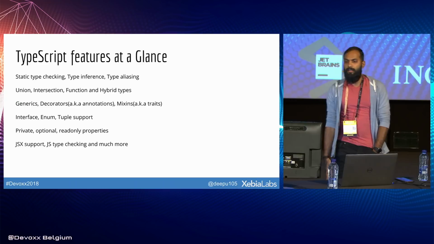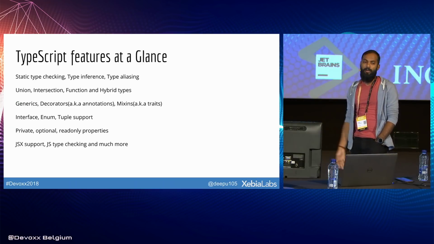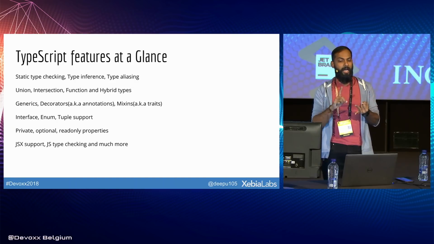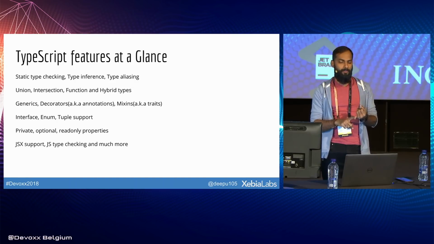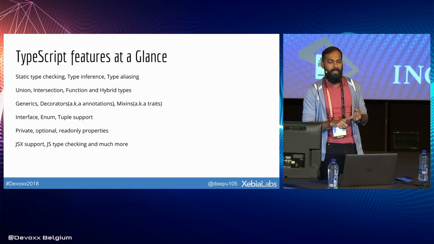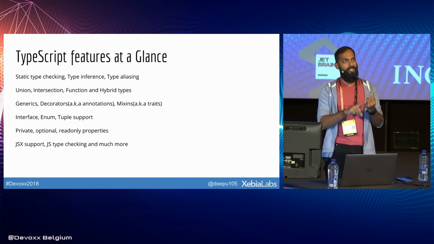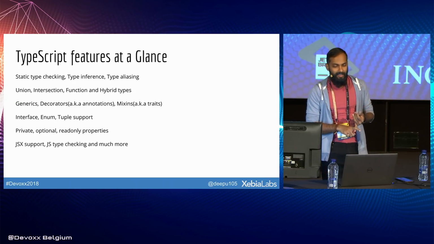So at a glance, these are what TypeScript offers. Of course, static type checking, type inference, type aliasing, all those things. You have complex types: union types, intersection types, function types, hybrid types, and a lot more. We'll see about those. You have generics, which is very good. If you're coming from Java, I'm pretty sure you miss generics, right?